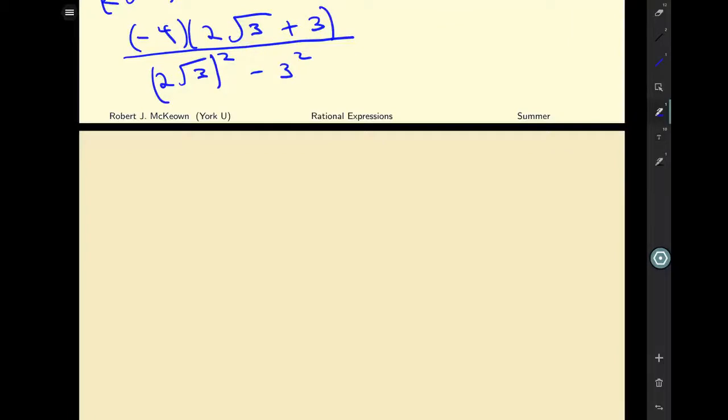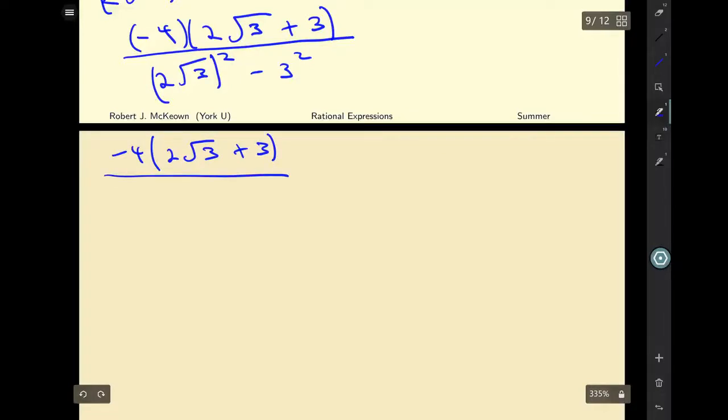Now I'm going to work through the exponents. So I'll write the numerator as is. And I've got the square. So 2 squared is 4. The square root of 3 squared is just 3.